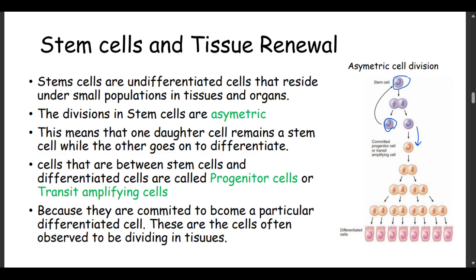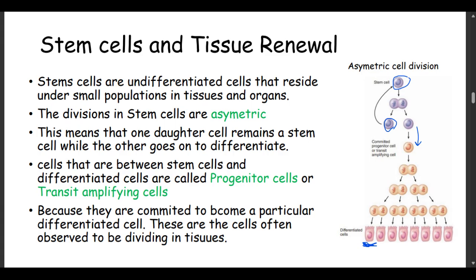Because if all of them are differentiating, you're going to have terminally differentiated cells that cannot go back to produce new cells. So terminally differentiated cells usually do not undergo a division that is able to produce another cell. You need to go back to the stem cell to produce the same line of cells.